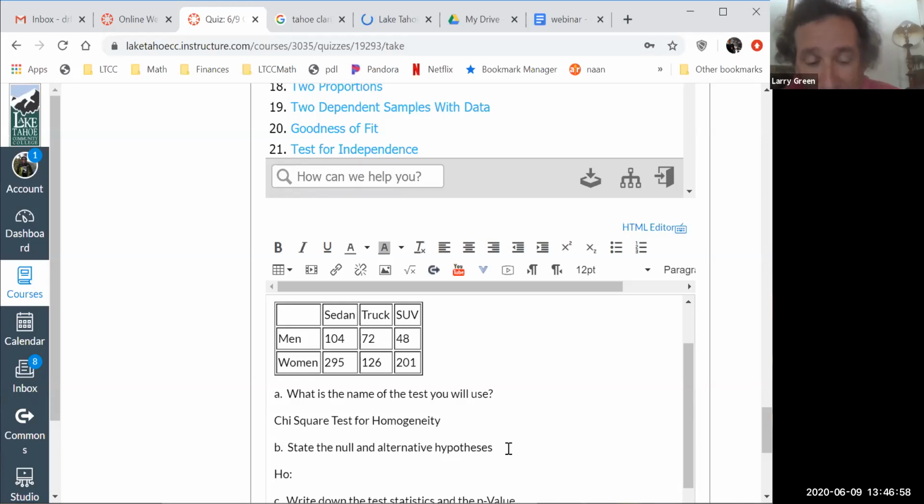So what we can say is the distributions of vehicle differ by gender. And there's lots of ways of saying the same thing, but the word distributions needs to be there. You could say the distribution of vehicles is different for men and women. That's fine too.